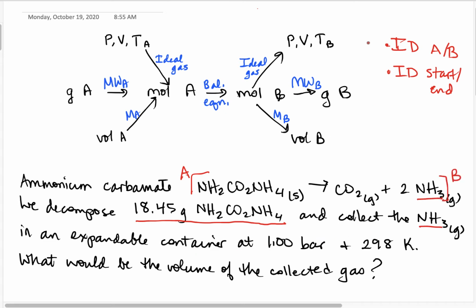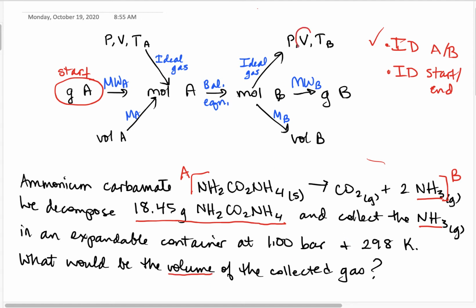Now, we've done our first step, identifying A and B on our balanced equation. And now we want to figure out where we are starting and where we are ending. So we have information about the mass of the ammonium carbamate. And so that means that we are starting with grams of A, and then we want to figure out what the volume of the collected gas is.